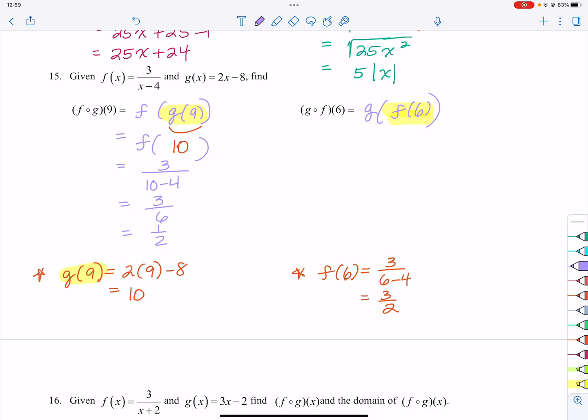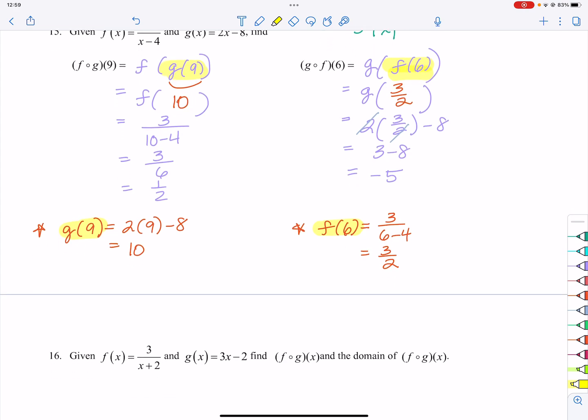So now we will be finding g of 3/2. And that's equal to, the g function takes 2 times 3/2 and then subtracts 8. So we have 3 minus 8, and that's equal to -5.